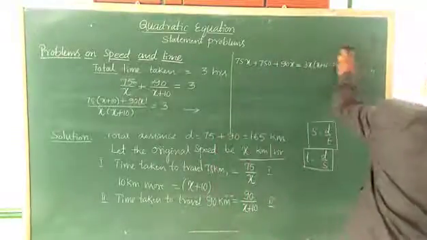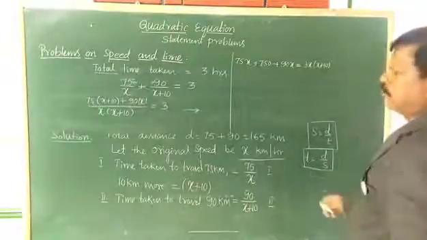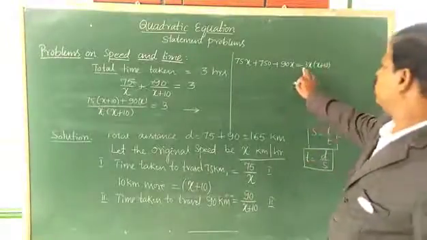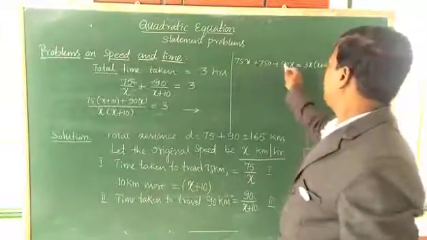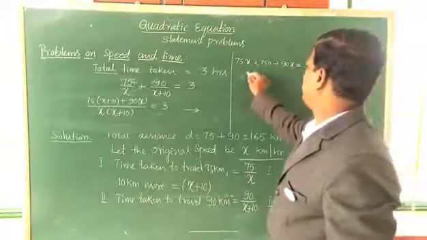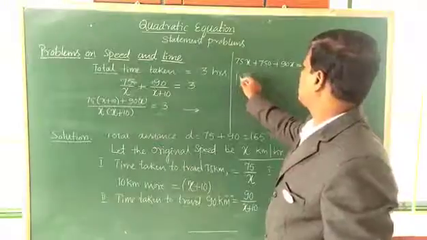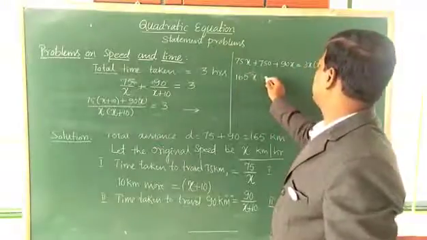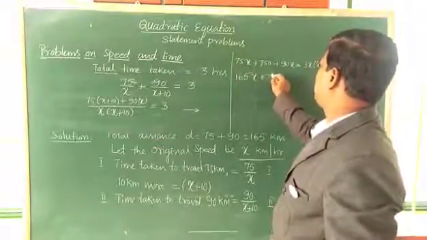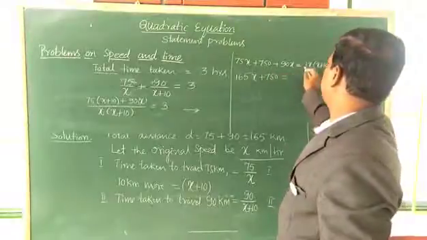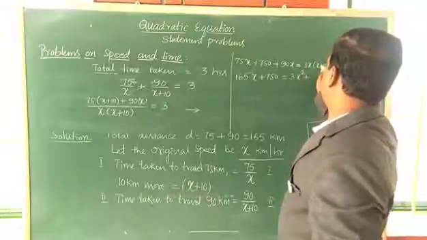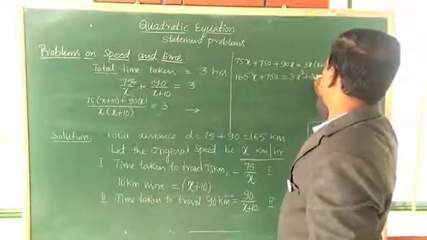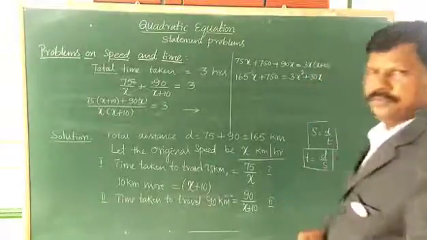Clear this? 3x into x plus 10. Now 75 and 90, 5 plus 0 is 5, 9 plus 7 is 16, 165x plus 750. Now here 3x into x, 3x square plus 3x into 10, 30x.